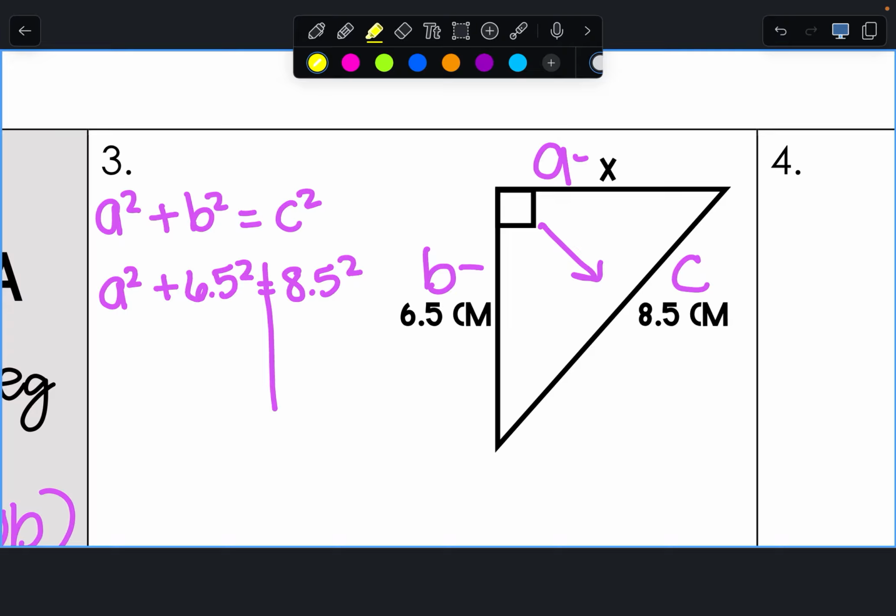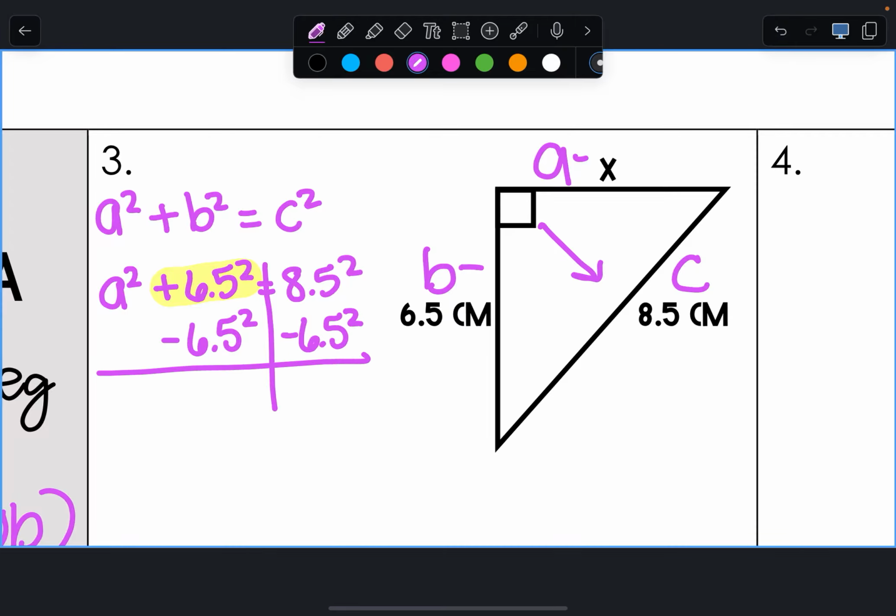So what do you want to do with this 6.5 squared? What do you think we should do? Subtract it. You don't have to square it before subtracting. You can go ahead and subtract it right away, and it creates less work for you. So minus 6.5 squared. That one cancels out. You get A squared.